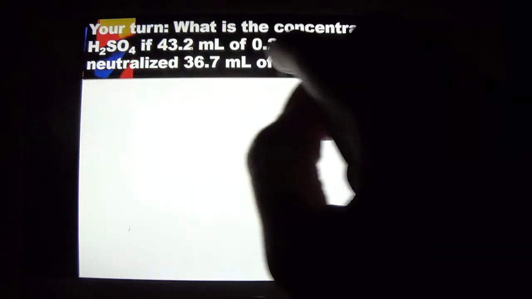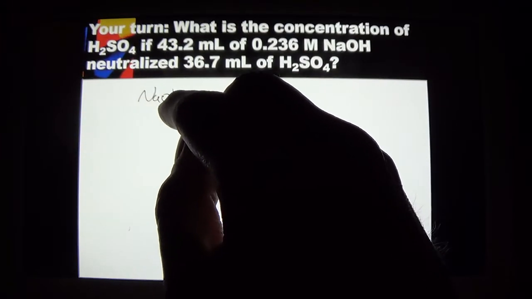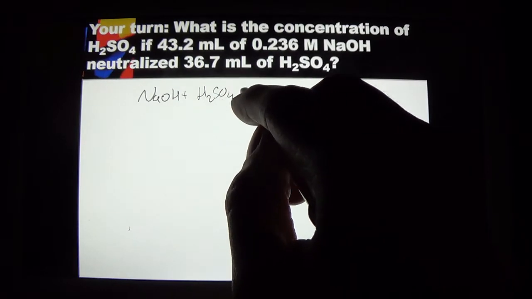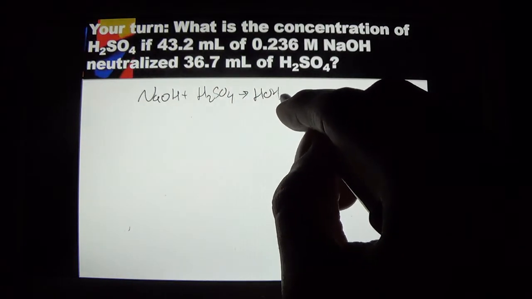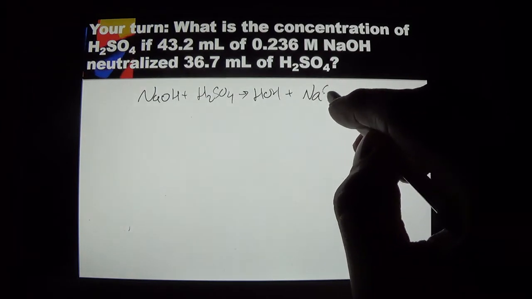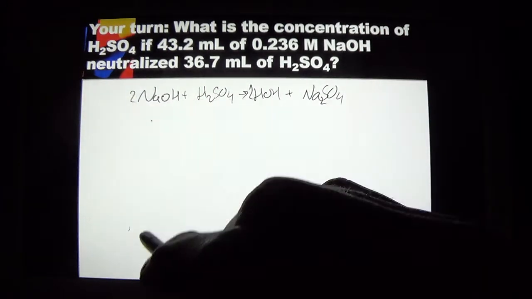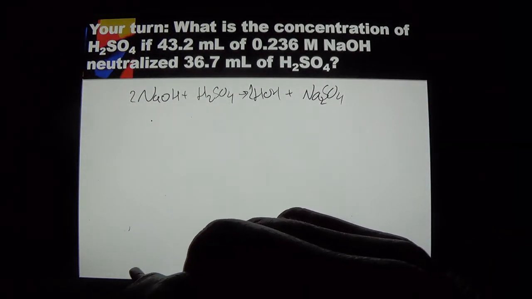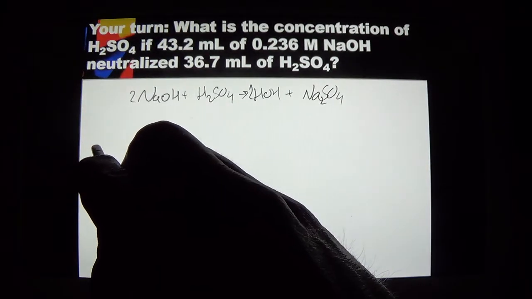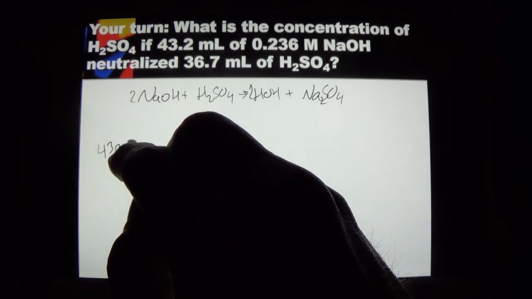I have complete information for my base. But you know what? I want to focus by writing my balanced equation. Okay, so there's my balanced chemical equation. Now, I want to start with my given information, and I just feel weird, so let's do it this way. 43.2 milliliters.